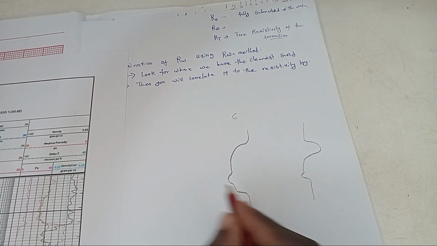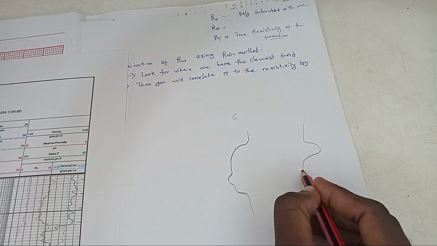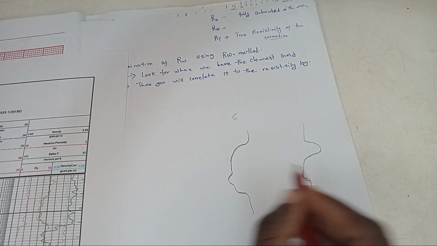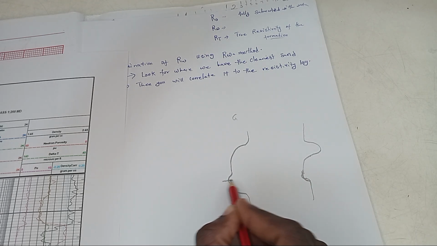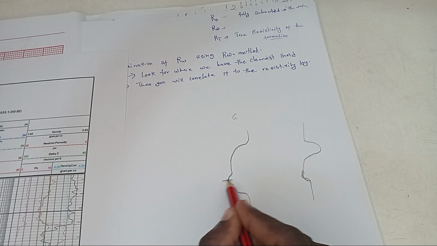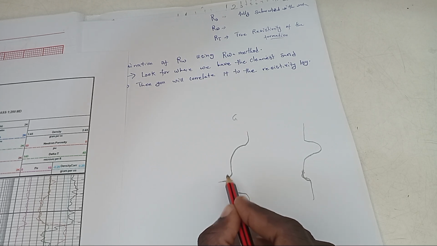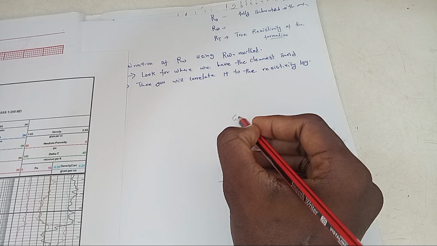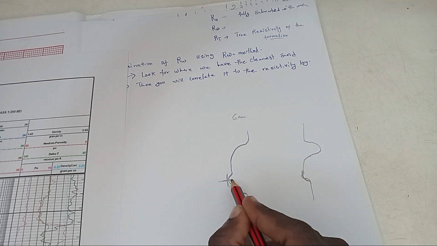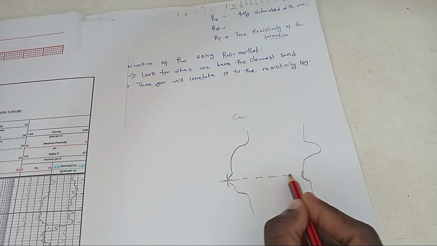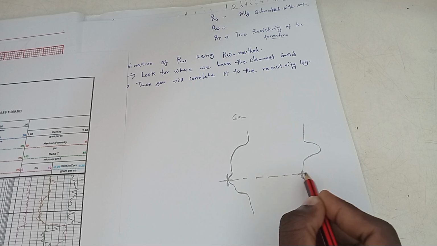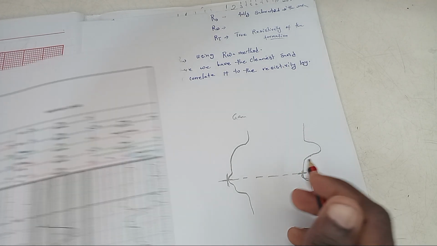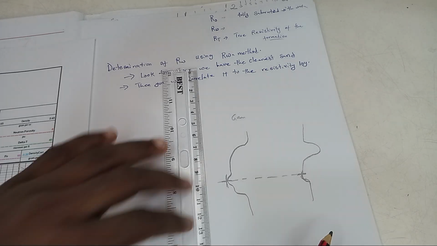Here is your clean sand. If here is where you have the lowest API, this is your gamma API, then you correlate it to your resistivity log.